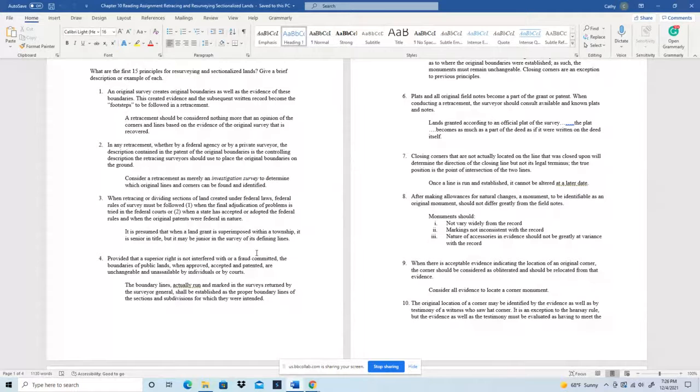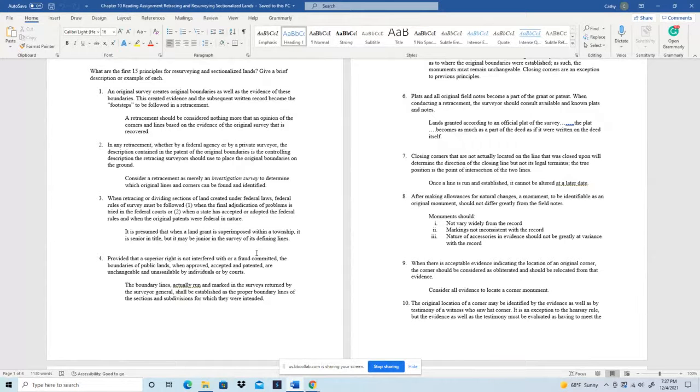Principle 4. Let's flip my book. Principle 4 is on page 93. Provided that the superior right is not interfered with by fraud or commitment, the boundaries of the public lands, when approved and accepted in patent, are unchangeable and unassignable by individual or by the courts.